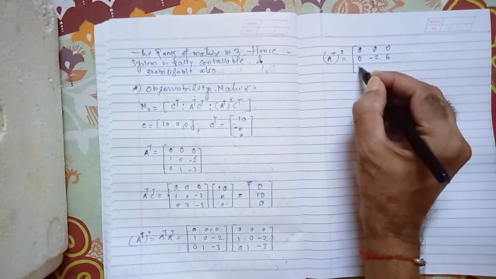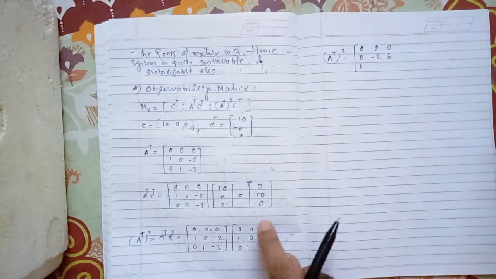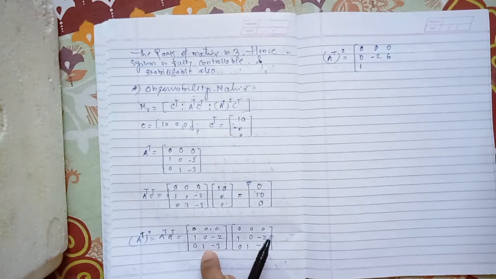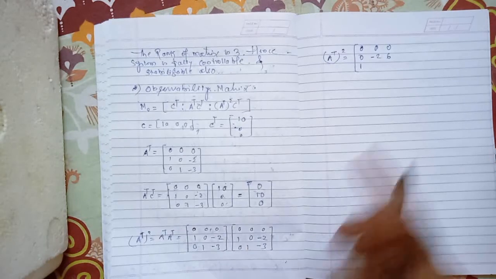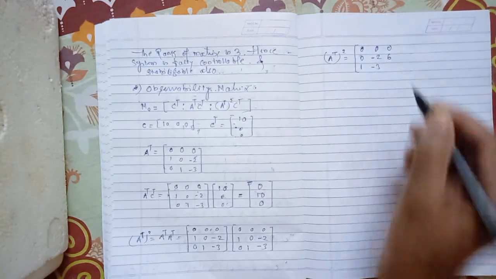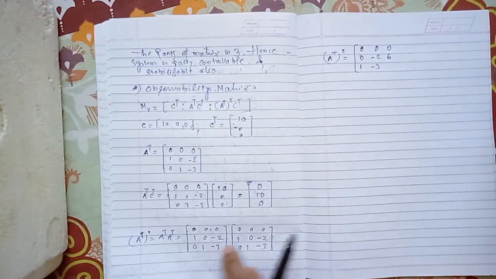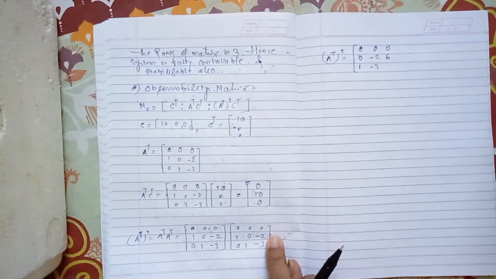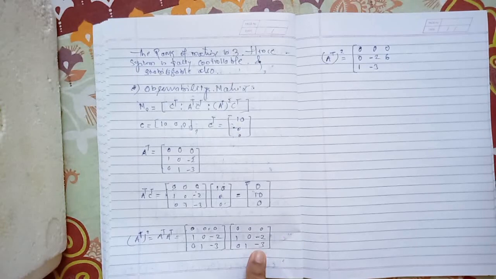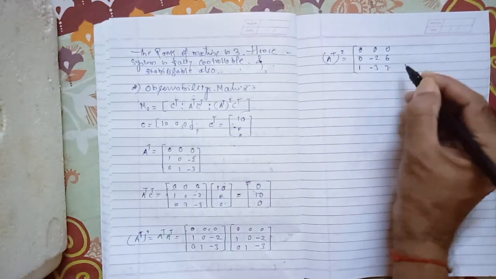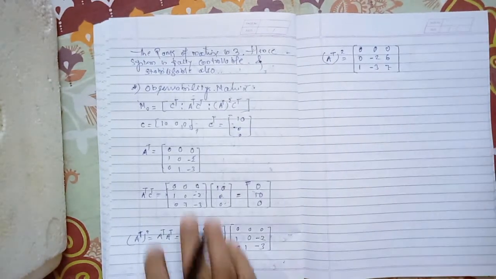So here is 1. 0 into 0, 0 into 0, 1 into 0, minus 3 into 1. So this becomes minus 3. 0 into 0, 1 into minus 2, so that becomes minus 2. Minus 2 and plus 9, minus 2 plus 9, that means 7. So here is 7.